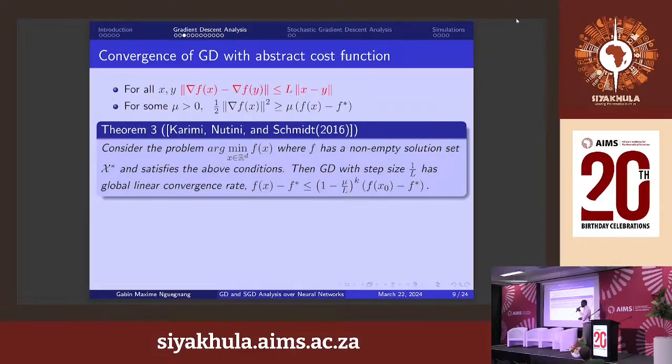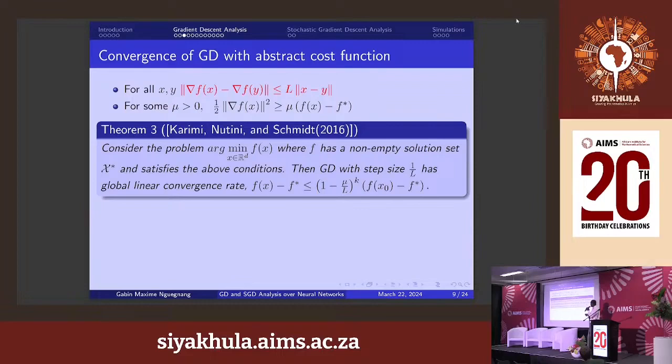The other direction directly addresses gradient descent itself. Given that the cost function is highly non-convex, people usually consider an abstract function where they impose some conditions. For instance, this nice condition, mainly used in optimization, imposes the gradient of the cost function to be Lipschitz.